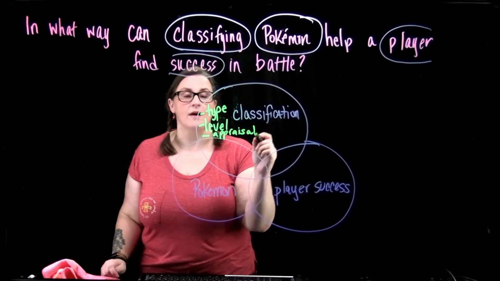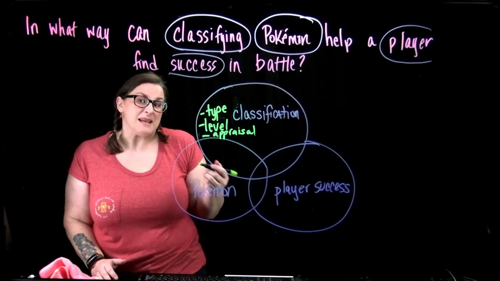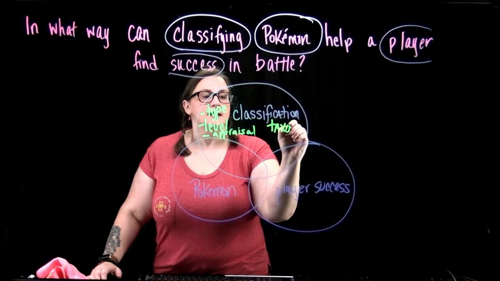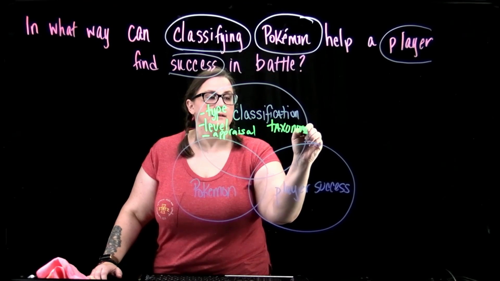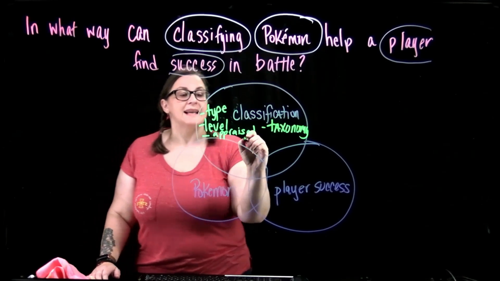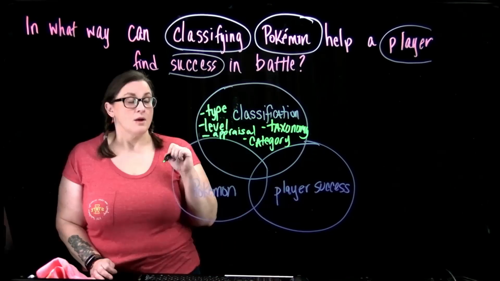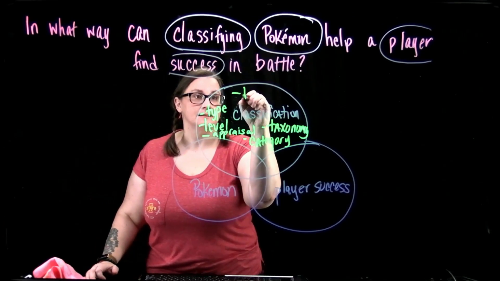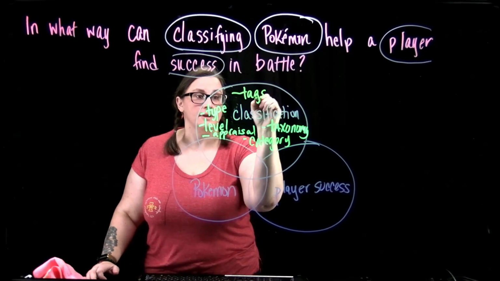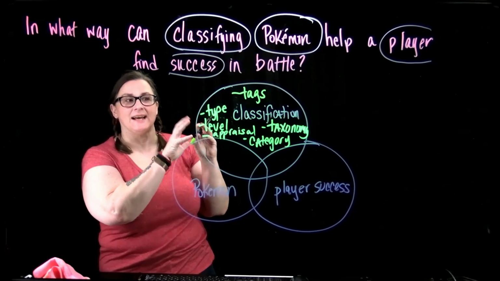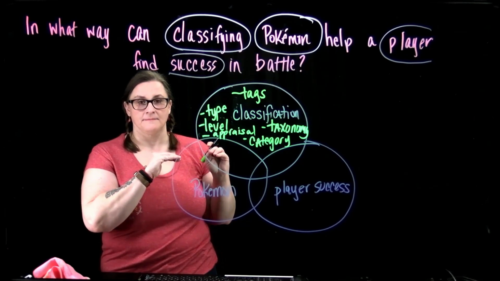We could think of other words that might mean the same thing, like taxonomy or category or tags. Okay? These are all things that might get us to a similar idea as classification.